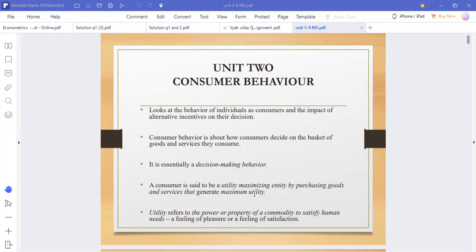We are also going to look at the consumer in terms of utility maximization by purchasing goods and services that will maximize their utility. And finally, look at utility as being the power that the consumer has to satisfy their need.